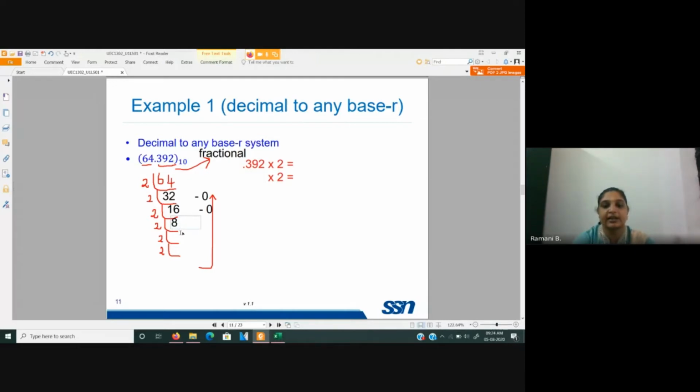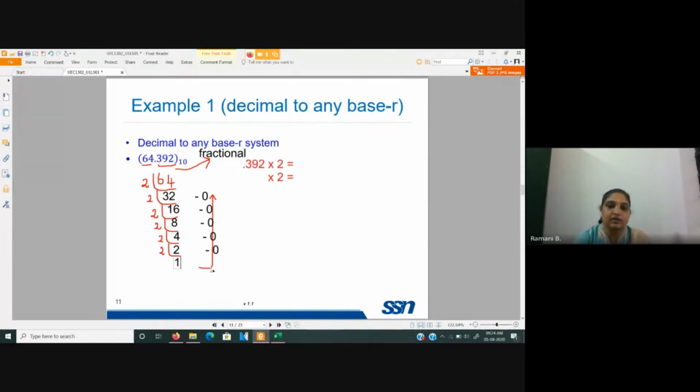Then dividing 16 by 2 gives a remainder 0 and the quotient 8. Dividing again gives a remainder 0 and the quotient 4. Dividing 4 by 2 gives remainder 0 and quotient 2. Again dividing 2 by 2, we have remainder 0 and the quotient 1.